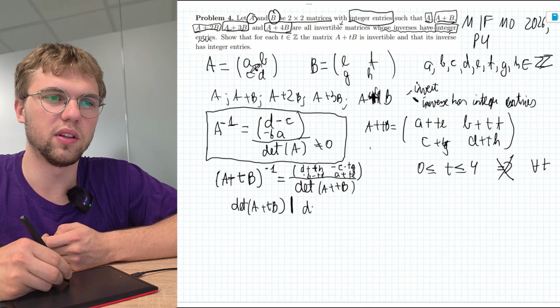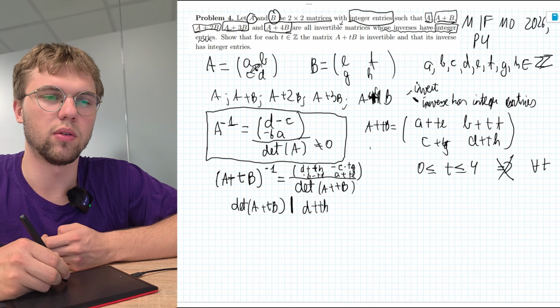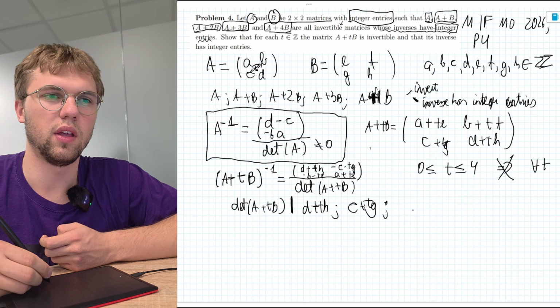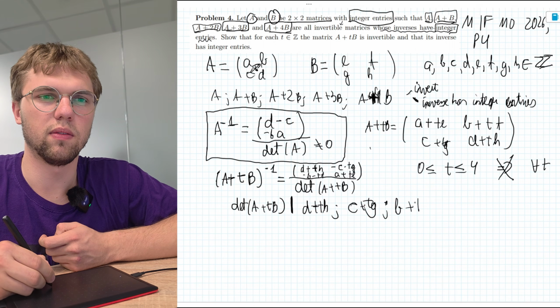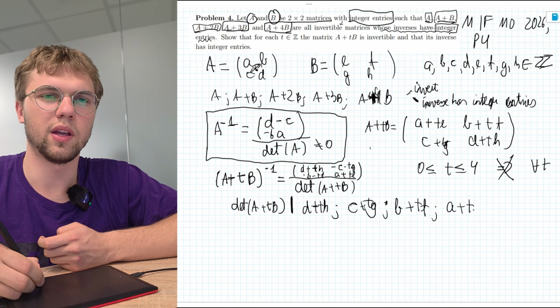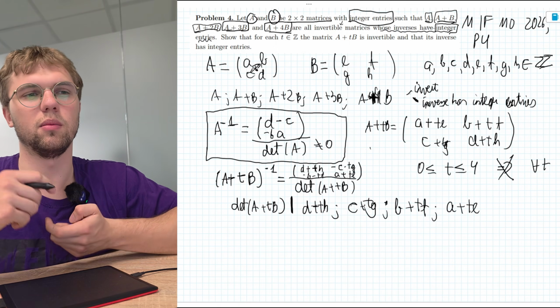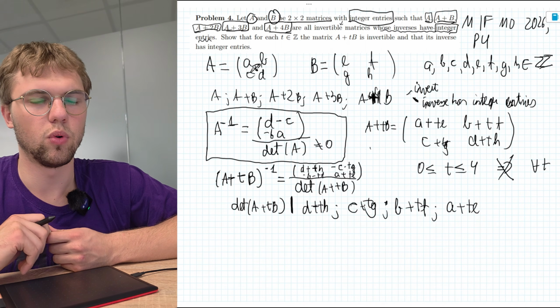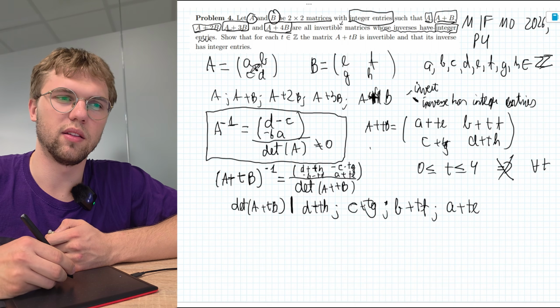It divides D plus tH, it divides C plus tG, it divides B plus tF, and it divides A plus tE. I didn't write the minus signs because it doesn't make a difference. Right? We get this.